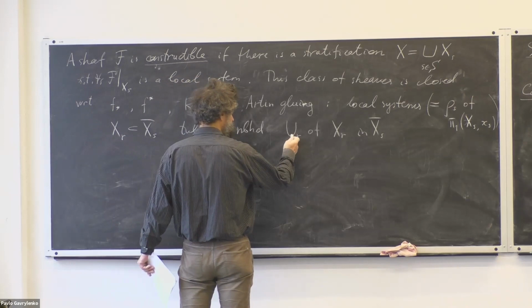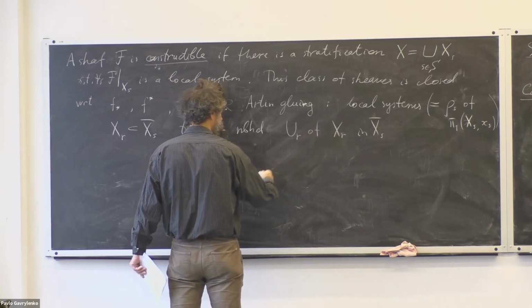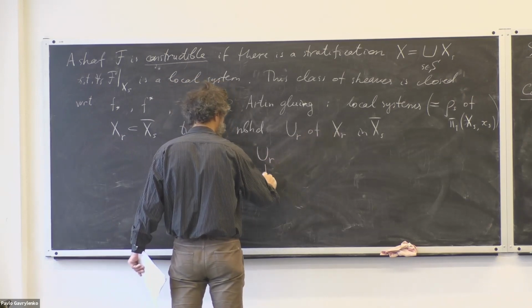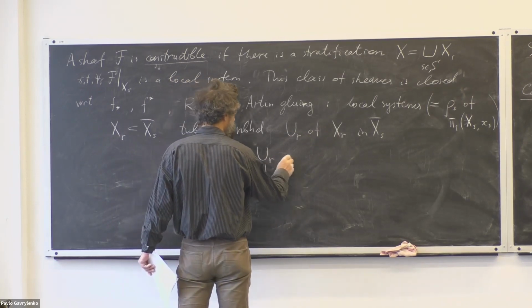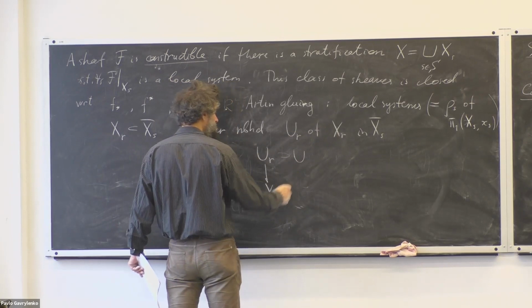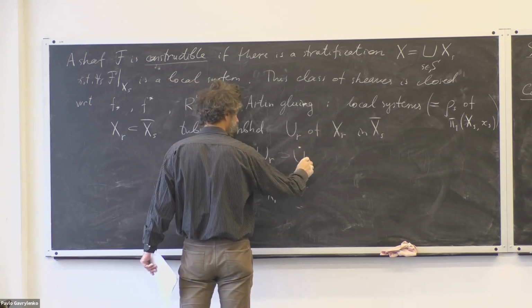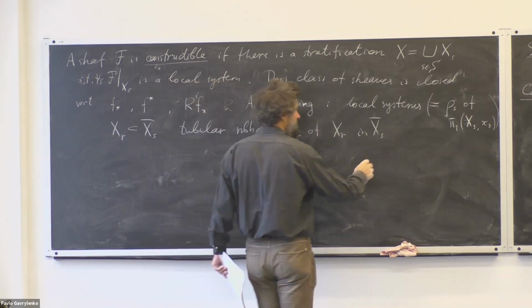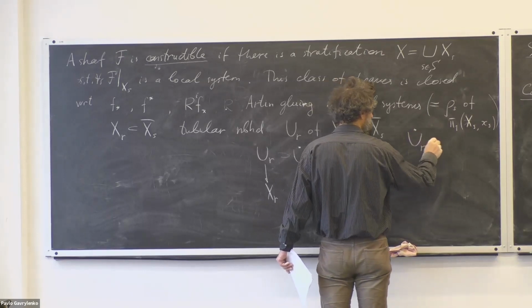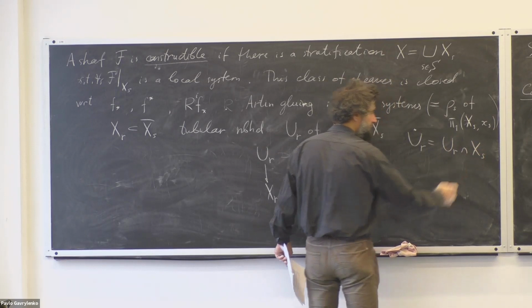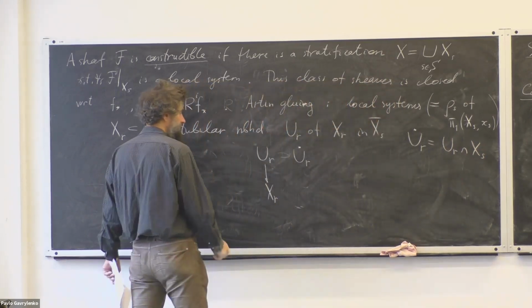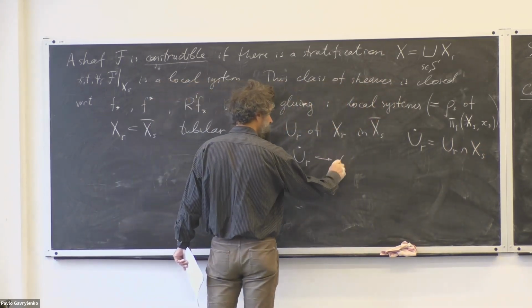So certainly it contracts back onto X_R. But inside you have some punctured neighborhood, namely this punctured U_R is the intersection of U_R and the open stratum X_S. Okay, and then it certainly embeds into X_S.